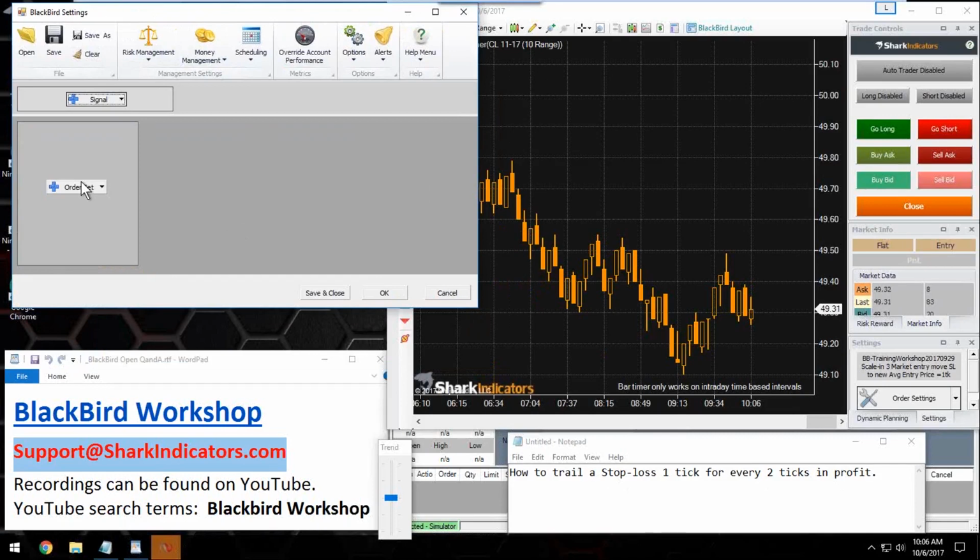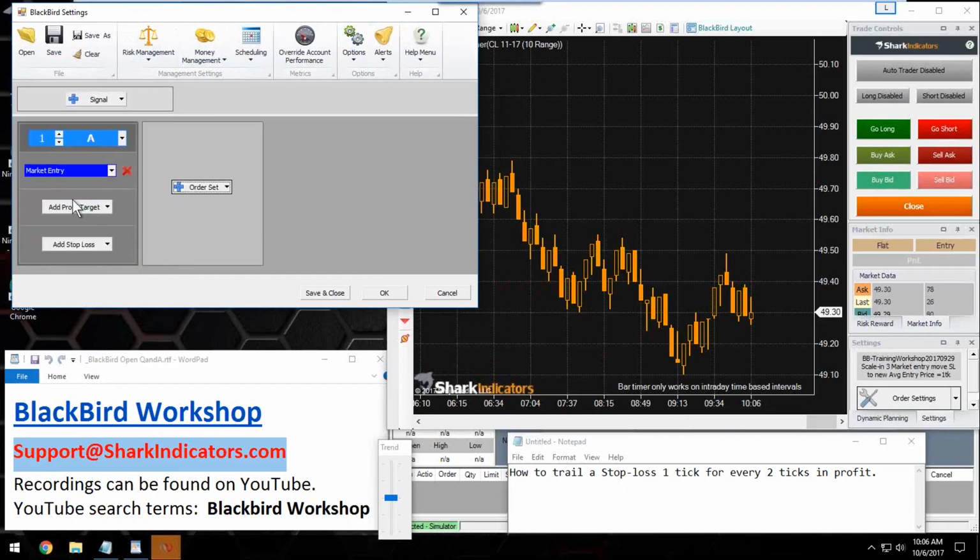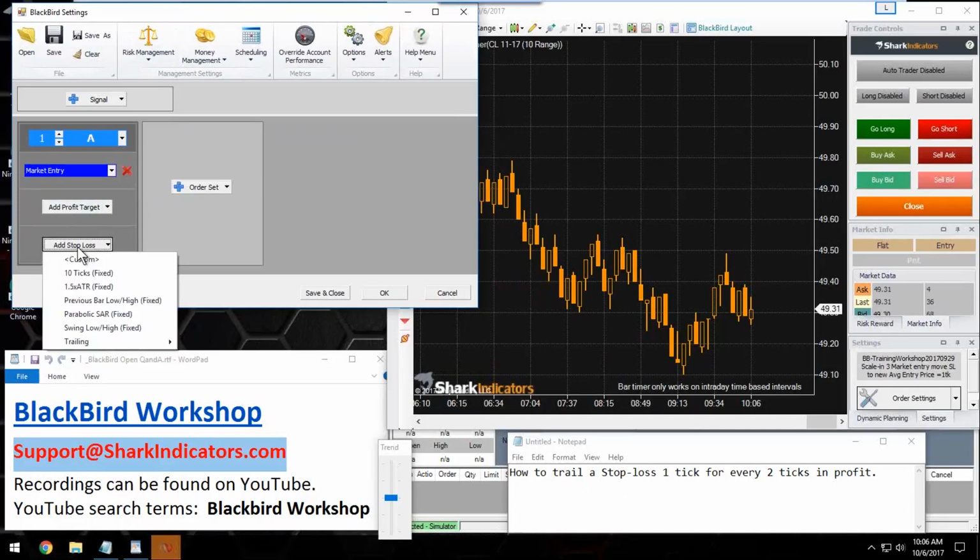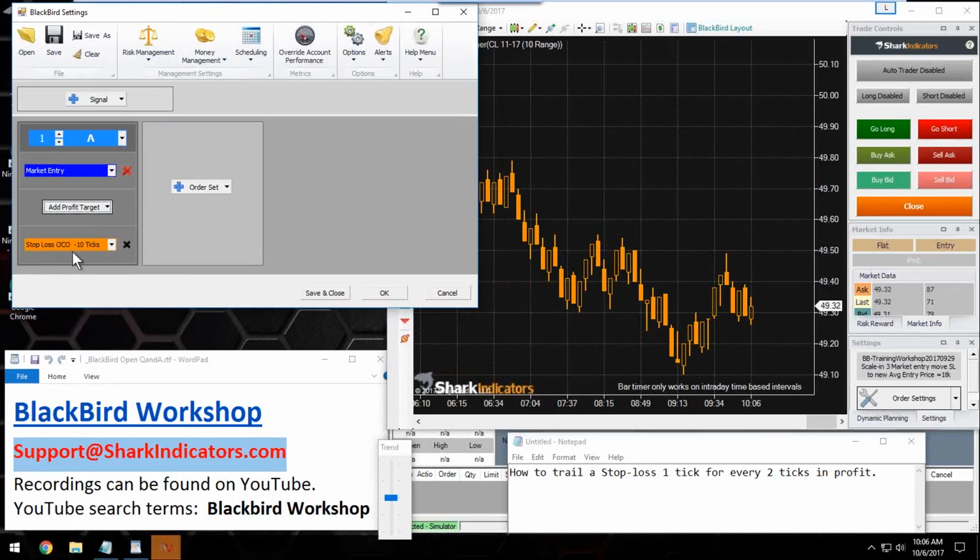All right. Well, the question focuses primarily on a stop loss. So I'm going to leave the profit target blank, and we'll just focus on the stop loss here. We have to start with some kind of stop loss, so I'll just start with a simple 10 tick fixed stop loss as our starting point.